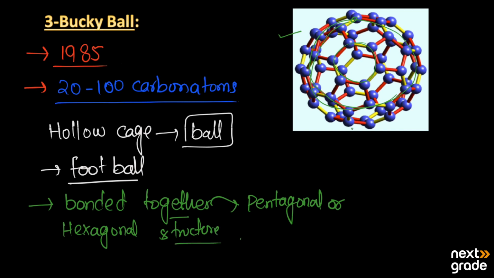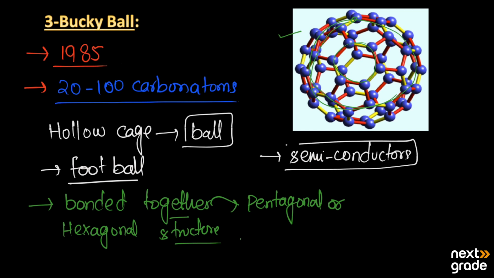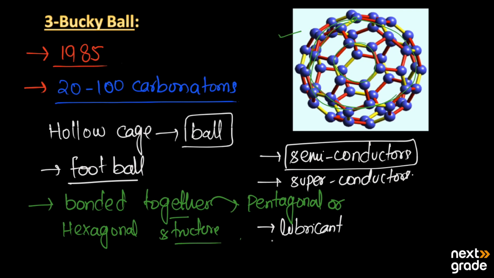On the other hand, the buckyball may be used as a semiconductor. Semiconductors are materials that have properties of both conductors and non-conductors. Buckyball can be used as a semiconductor or it may be used as a superconductor. Superconductors can conduct electricity very easily, and on the other hand it can also be used as a lubricant. So all this is about carbon and its allotropic forms.